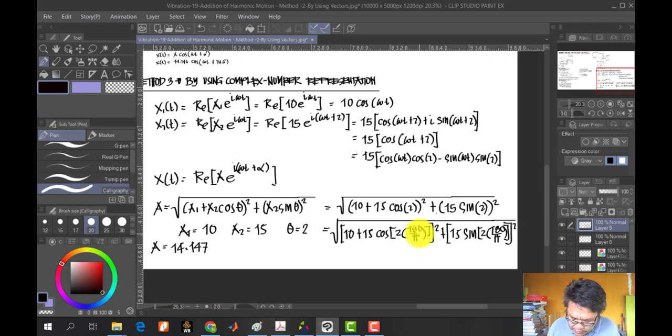After substituting these values, we can finally arrive at the given value.